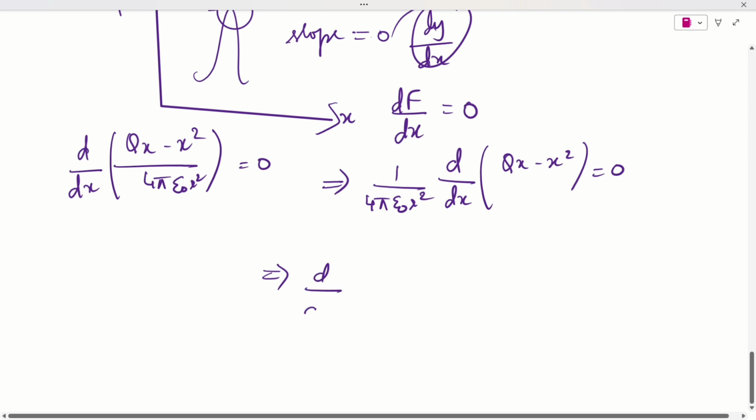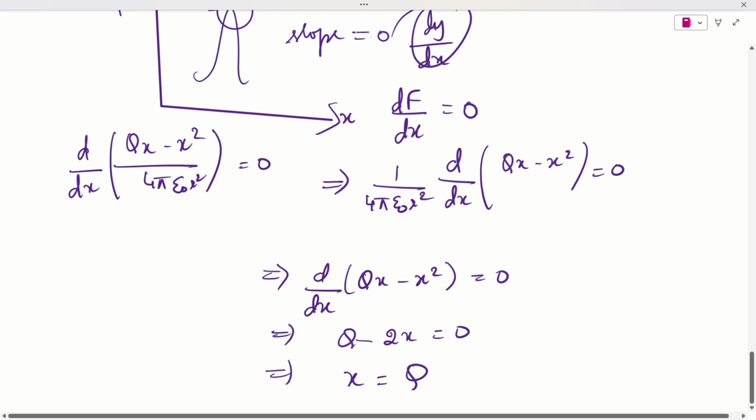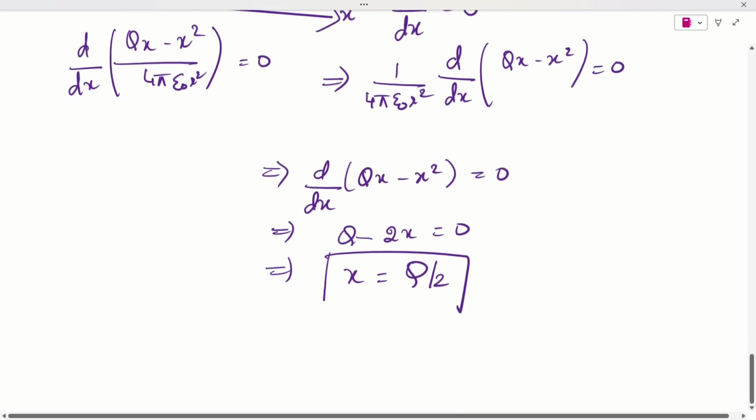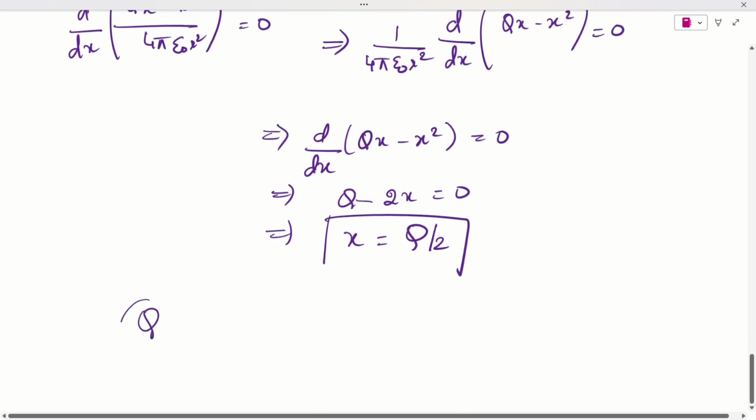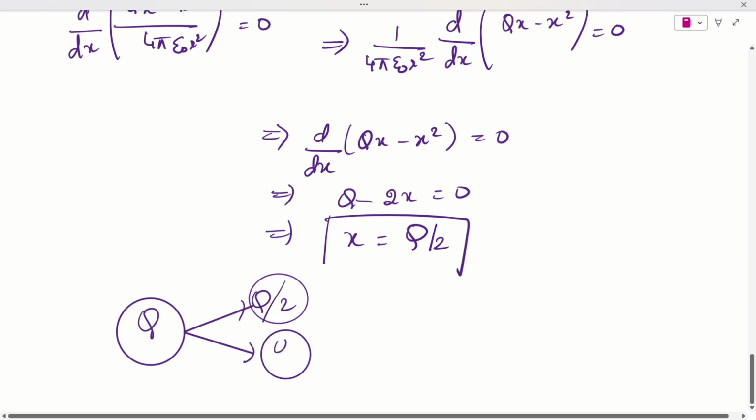So differentiating this with respect to x, we get Q minus 2x is equal to 0. So I can see my x is Q by 2. So the two parts are Q by 2 and Q by 2.